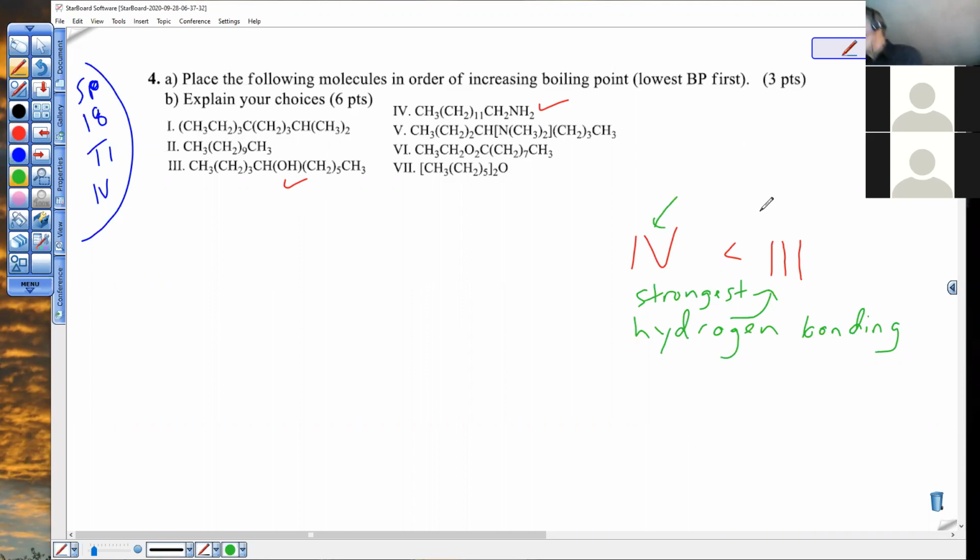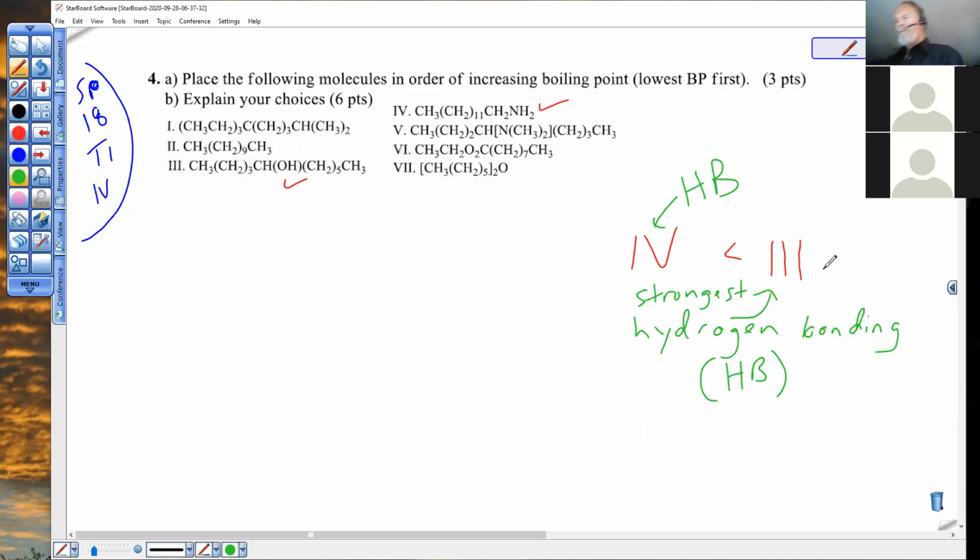After you write hydrogen bonding the first time, you should go HB, so you never have to write those 2 words again. If you come up with HB randomly on a test, I have no idea. Hubert Boyles, is that what HB stands for? You better tell me what it stands for. You'll say HB here, because you've already explained what HB stands for, and it's understood it's not as strong because you didn't put it at the end. So there's your hydrogen bonders.